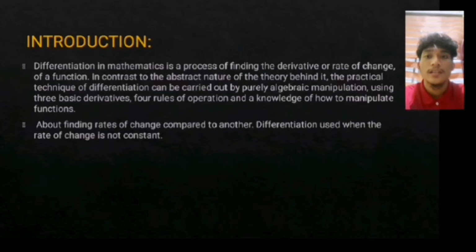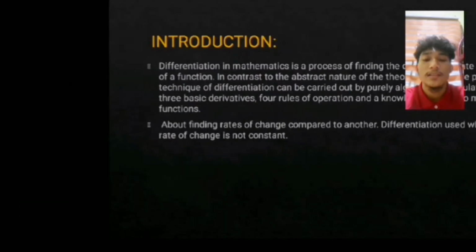The practical technique of differentiation can be carried out by algebra manipulation using three basic derivatives, rules of operation, and knowledge of how to manipulate functions. Second, it is about finding the rate of change of one quantity compared to another. Differentiation is used when the rate of change is not constant.